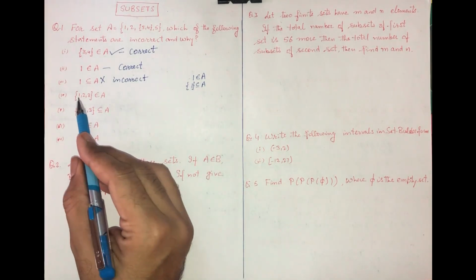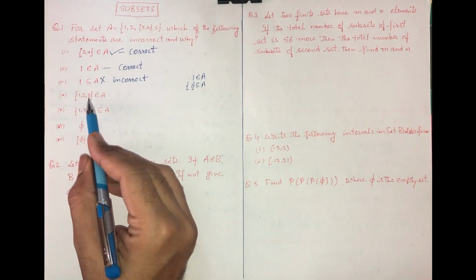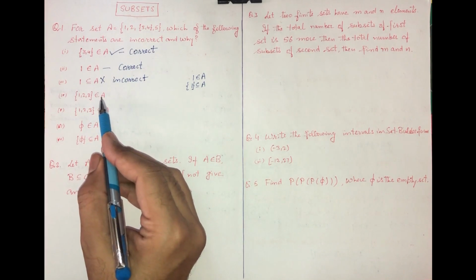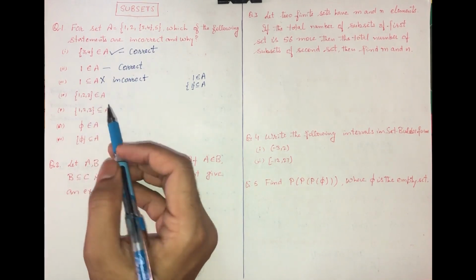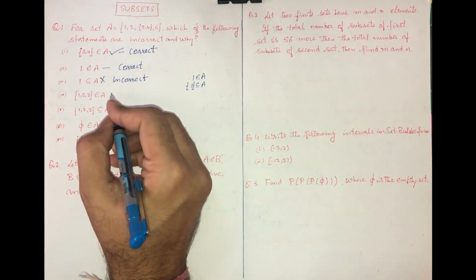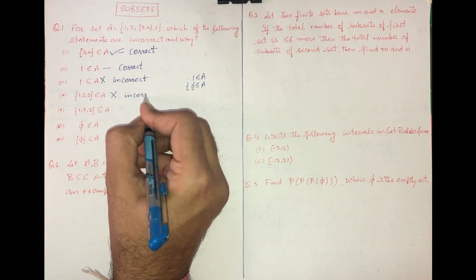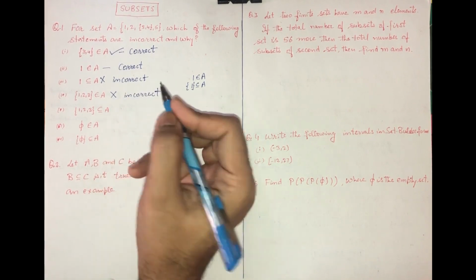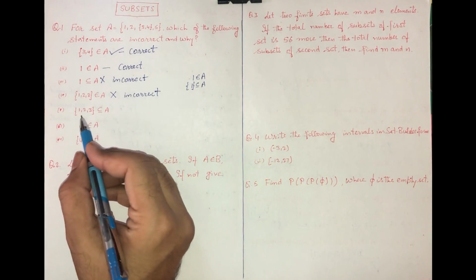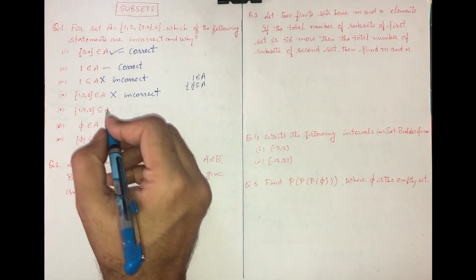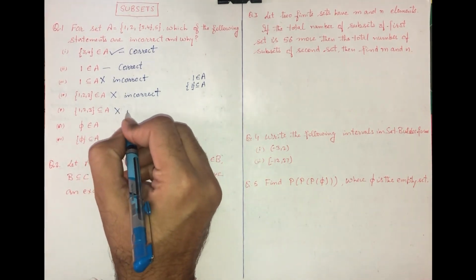Number 4, 1, 2, 3 contained in A belongs to A? Is it belongs to A? Again, this is incorrect. One, two, three contained in A. This is also incorrect.